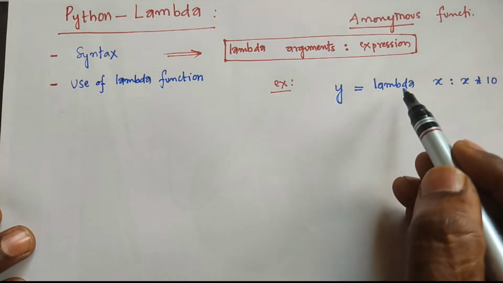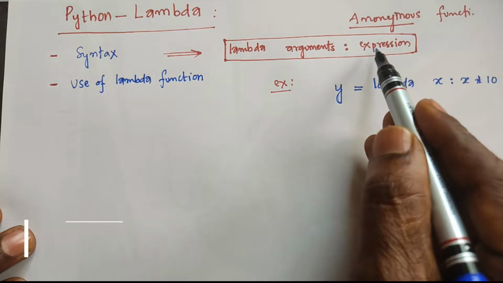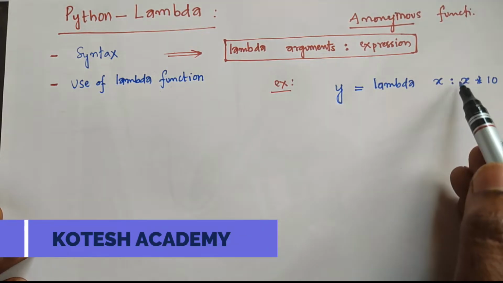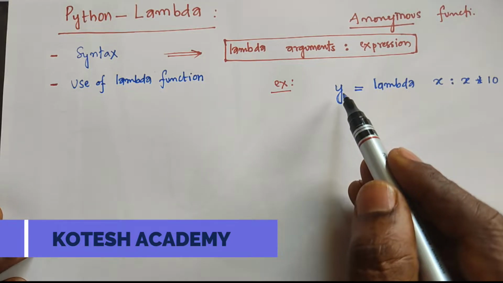So here lambda, the argument is x and the expression is x into 10. Whatever data you have, that value is multiplied with 10. Then the result will be stored in y.